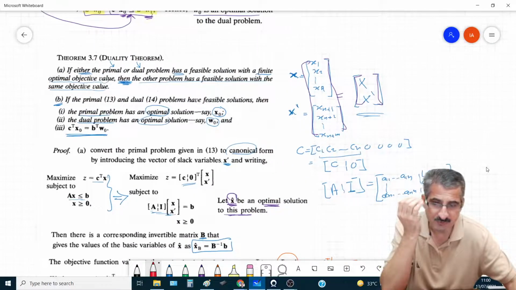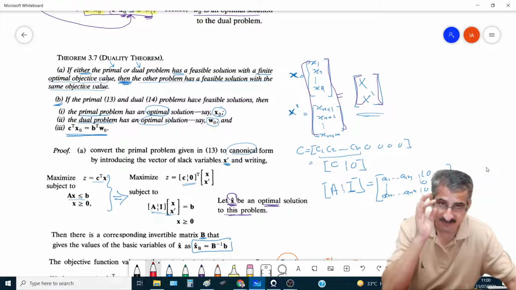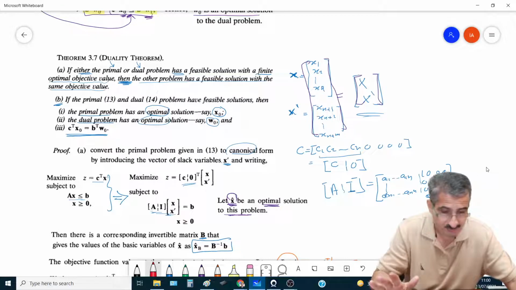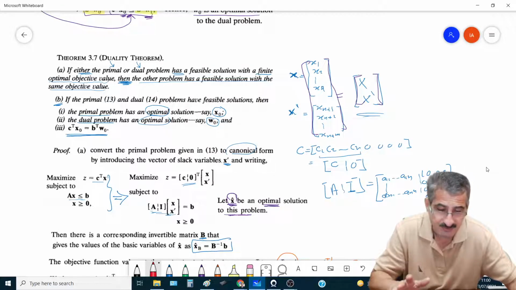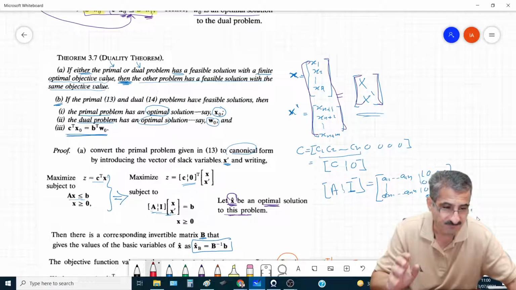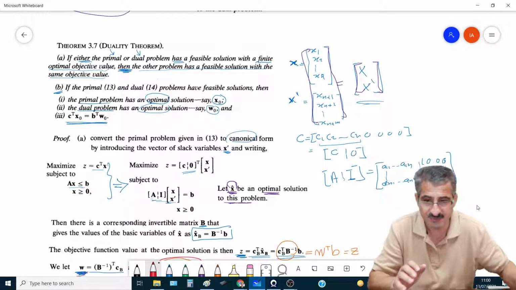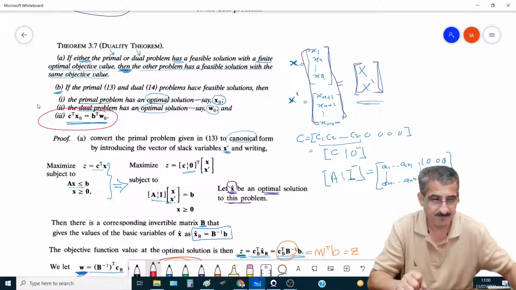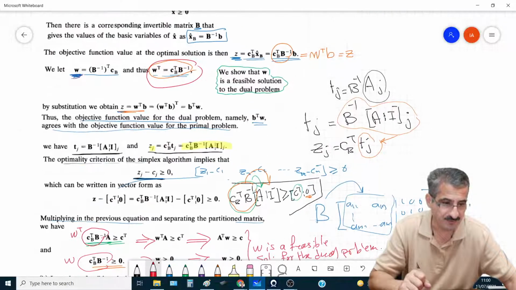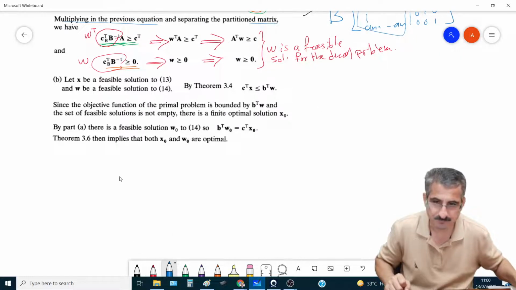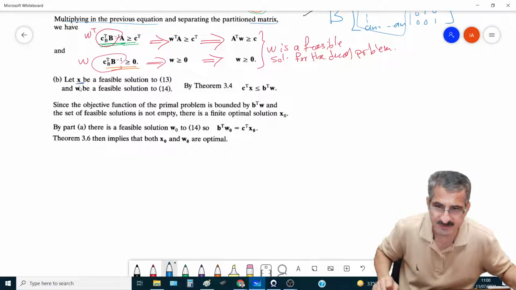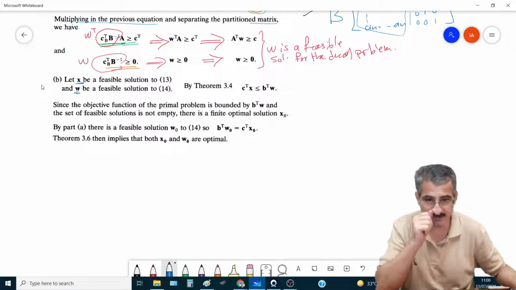Now, going back to part B, it says if the primal problem has an optimal solution X naught, and the dual problem has an optimal solution W naught, then the values of the objective functions are equal. So we want to prove that, and this goes quickly. Assume X is a feasible solution for the primal and W is a feasible solution for the dual.